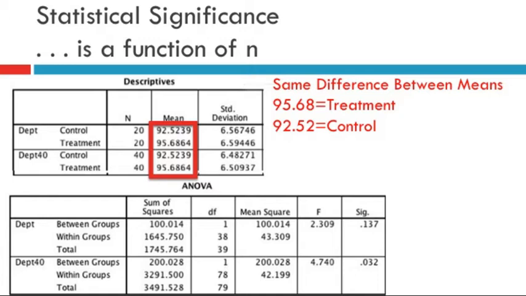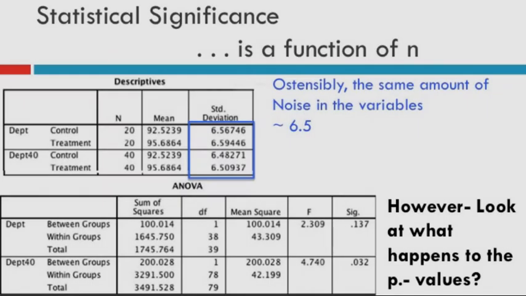So same noise, same effect size, and then if you look at the table below, look what happens to statistical significance. I really have a tough time with that word, statistical significance. When we had 20 subjects in the group, our significance was at 0.137, but again, the same effect size, same noise.